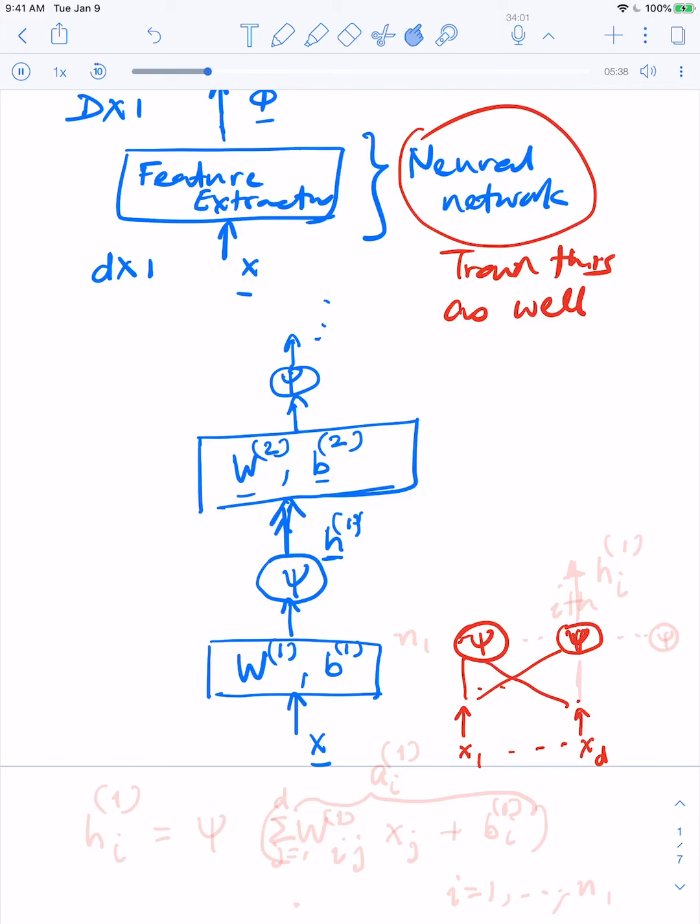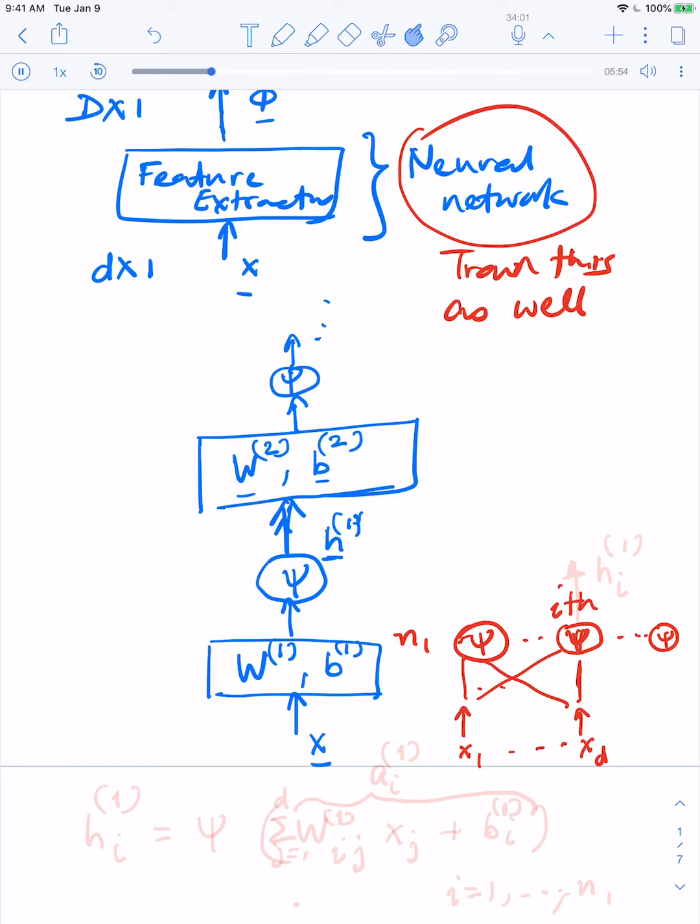Nonlinearity, weights, up to something, right? So basically I might have, say, n1 neurons in this first layer, and this might be the ith neuron.